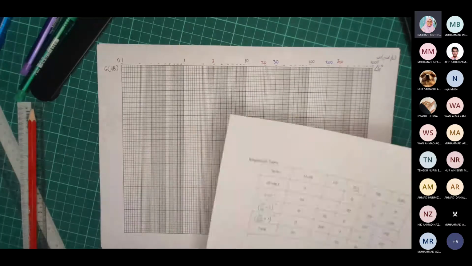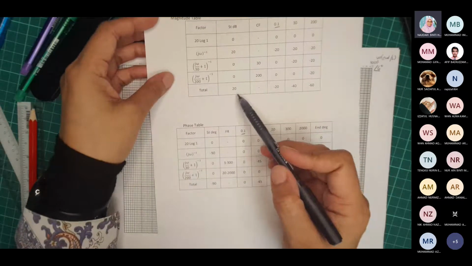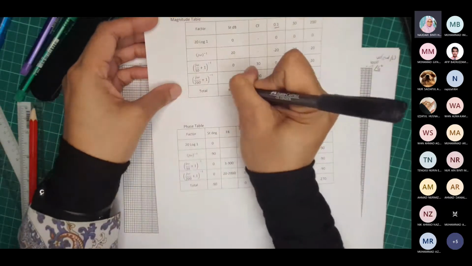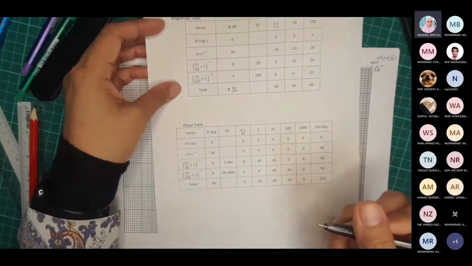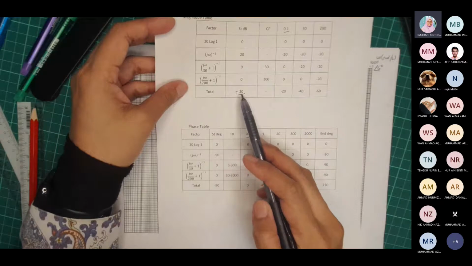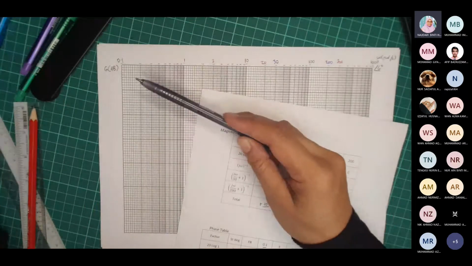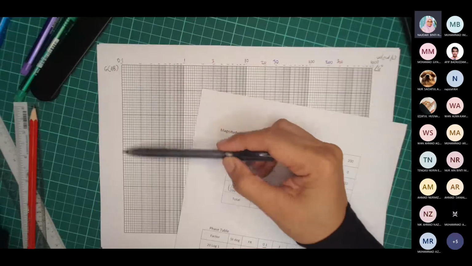Next, we should check our starting point for magnitude, which is positive 20. The left y-axis scaling is dedicated to the magnitude part.